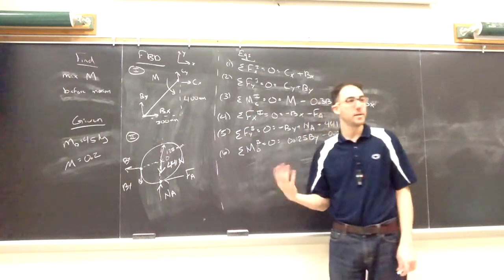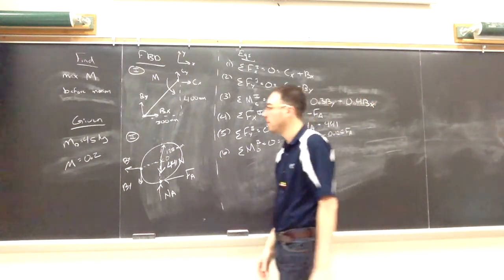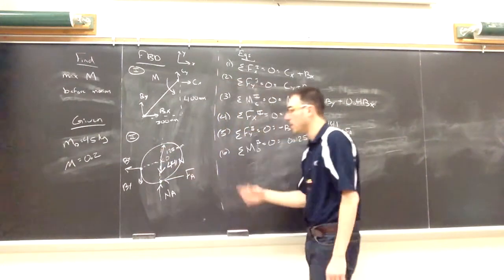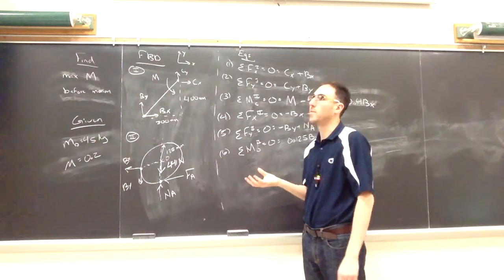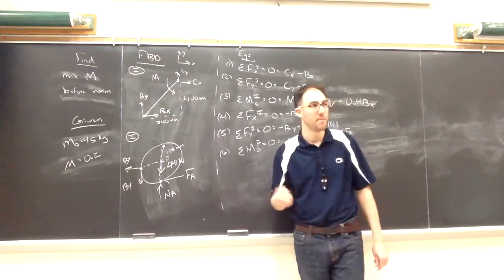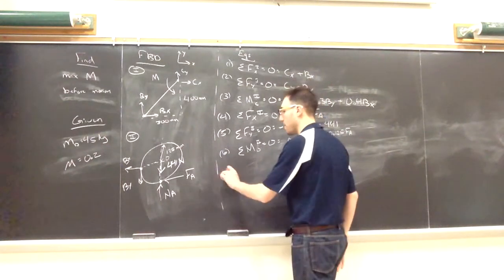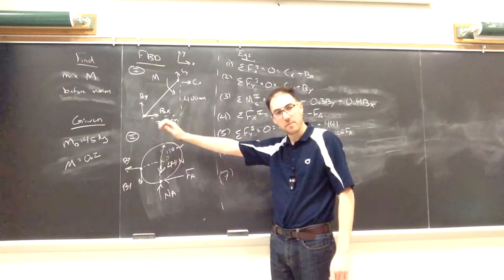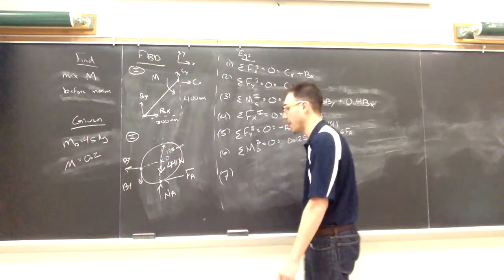There's only one, or we can only come up with initially one way that this is going to move. We think that the disk is going to slide to the right, which means that if it's going to be slipping, and we want to see what's the maximum M we can apply before motion occurs, as we've been seeing before, we're going to presume that that friction force is maxed out, and if we twist it just a little bit harder, it would then actively be sliding to the right.